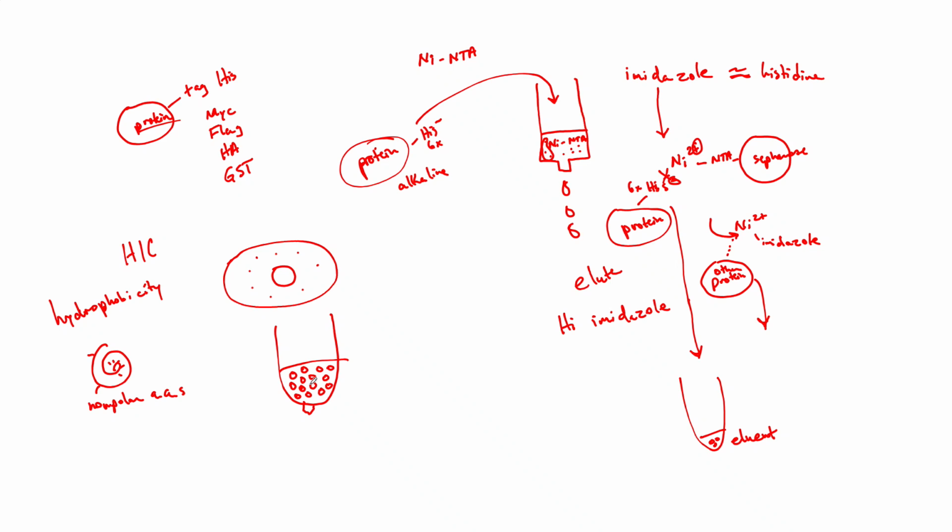And so what we can do is we can separate proteins into different tubes based on their hydrophobicity. And this is how it works. What we're going to do is break open our cell and remove all of the proteins and put them in a high salt solution. So all our proteins will be in there.